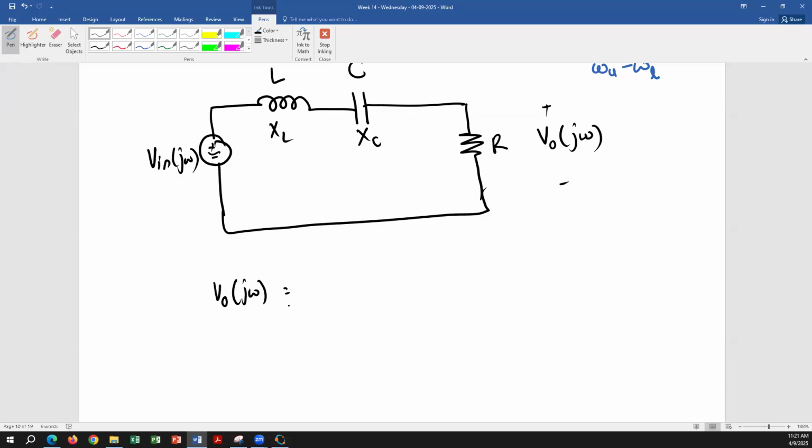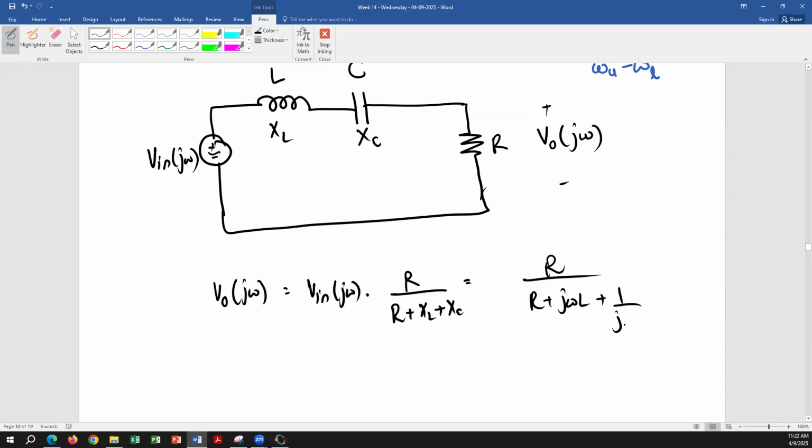Yes, very good. Voltage division will give us V out is equal to V in j omega times R over R plus XL plus XC, which is R over R plus j omega L plus 1 over j omega C.